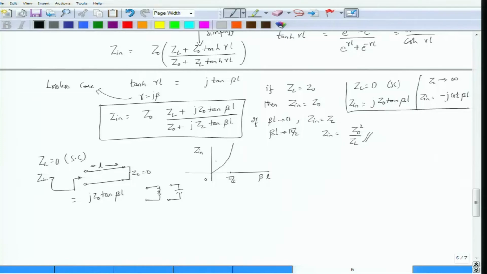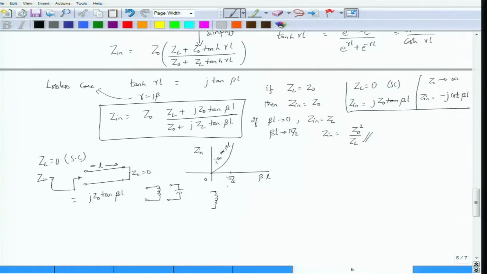So this fellow is jZ0 tan βL, and the equivalent reactance in this case would be that of an inductor. It would look exactly like an inductor for this particular case.